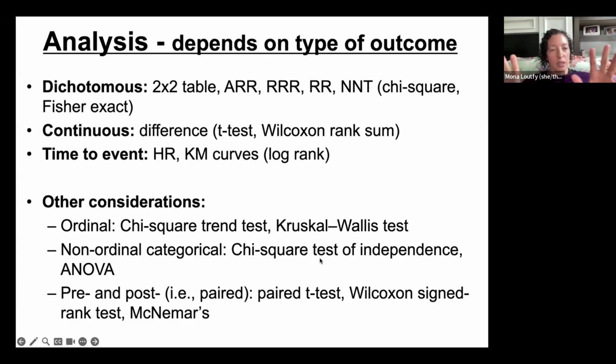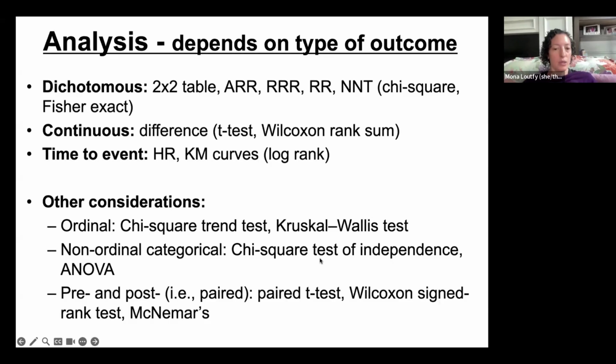I don't want you to really know the specifics of all this, but the important thing is that the type of variable you have and are comparing dictates what analysis test is used, and also how we summarize the effect size, like if there is a difference. So if it's a dichotomous variable, we use chi-square or Fisher exact test. If it's continuous, we use t-test or Wilcoxon rank sum.